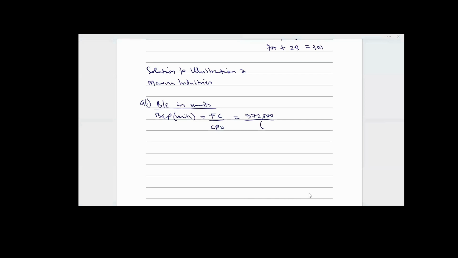The examiner has given us that Marina Industry sold 150,000 units of its product at 20 naira per unit. Variable costs are 15 naira per unit. Therefore, selling price is 20, variable cost is 15 naira, therefore contribution per unit will be 5 naira.